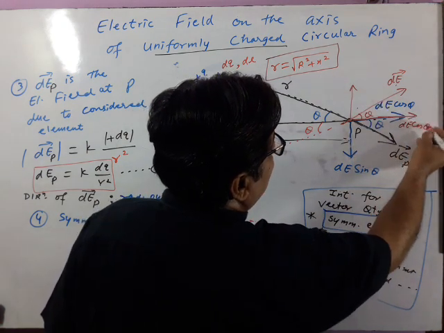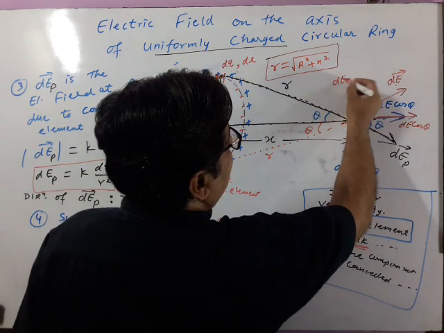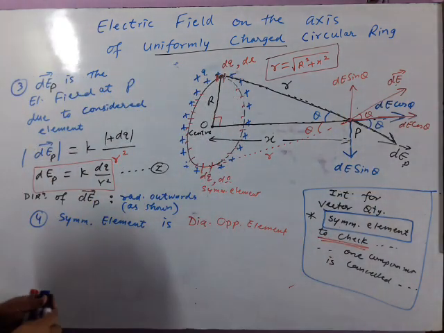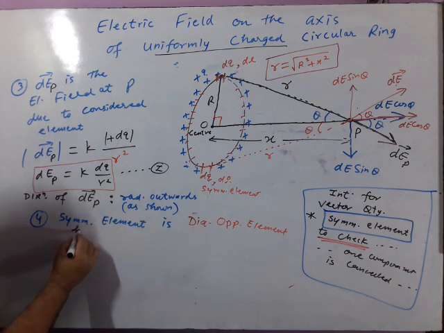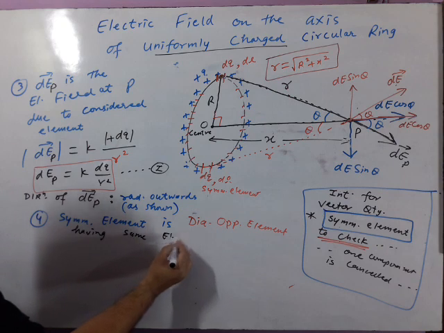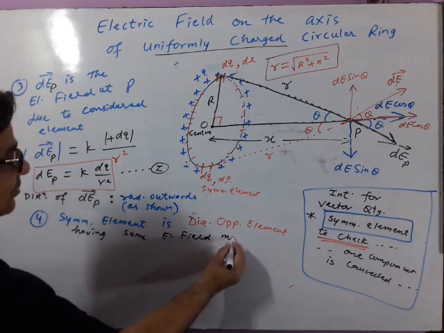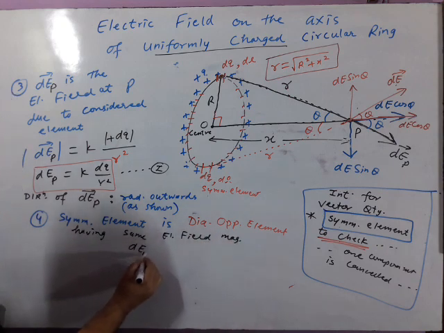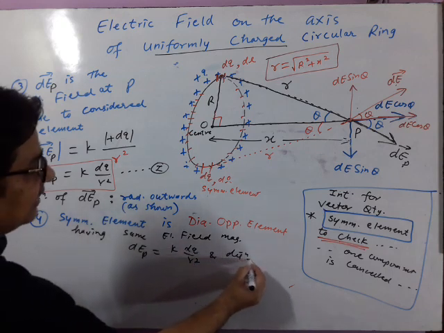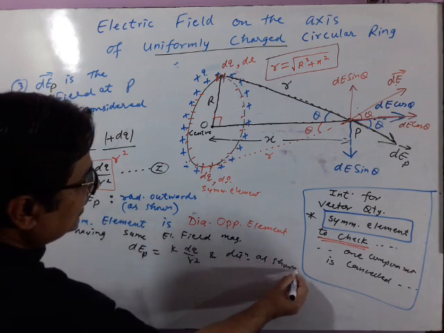This is dE cos theta and this is dE sin theta. Now you can write that the symmetrical element has the same electric field magnitude, that is K dQ by R square, and direction as shown in the diagram.